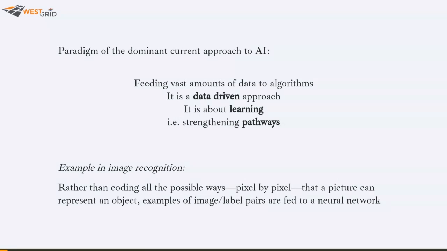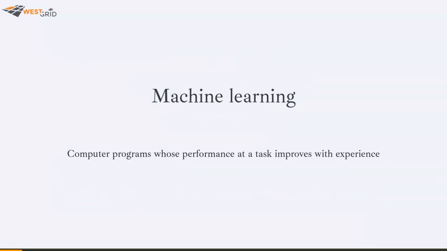For instance, an image of a cat and the label cat. And we feed all of this to a neural network, and the process of machine learning is what allows us to develop the algorithm without being explicitly programmed.